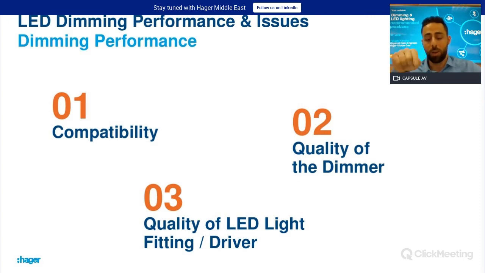The quality of the dimmer plays 20% in the responsibility for the dimming performance. And we are speaking here from experience in projects. Mostly the quality of the LED light carries, let's say on average, 70% of the responsibility.